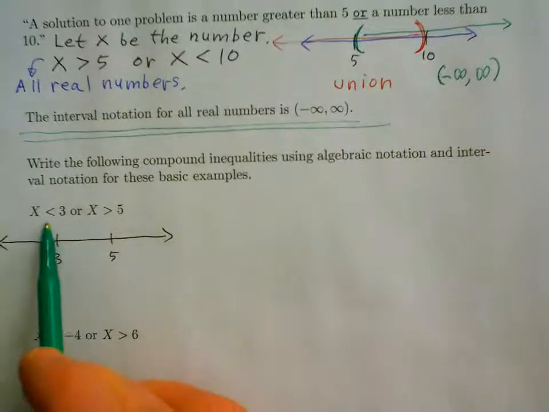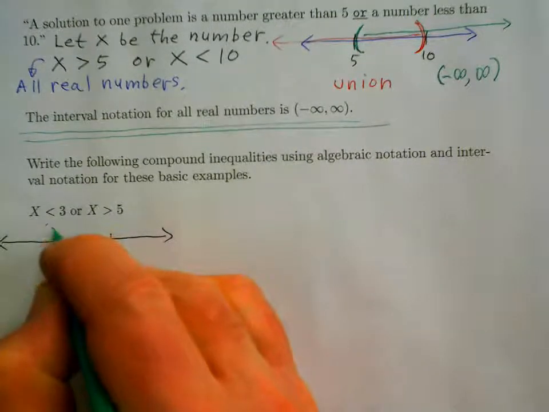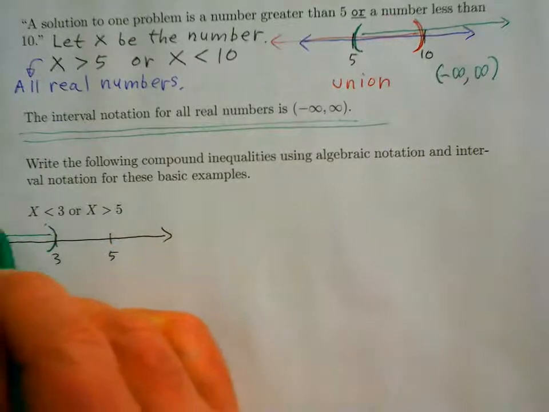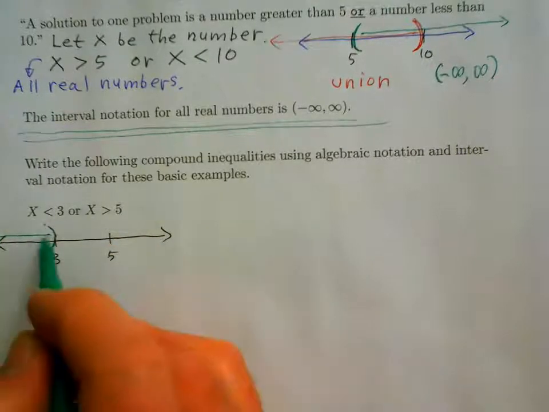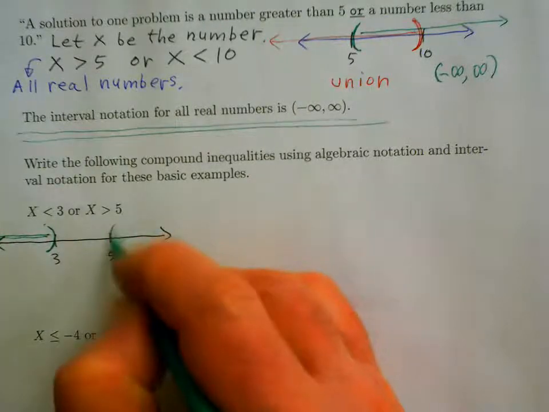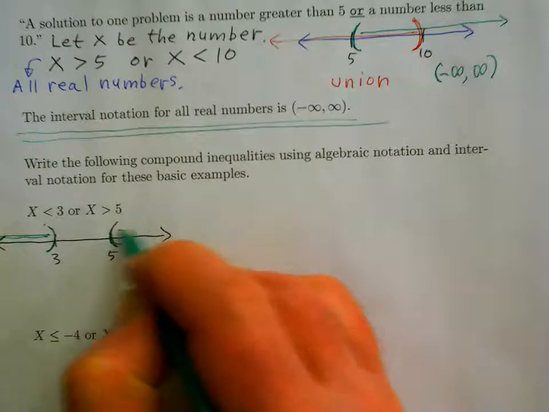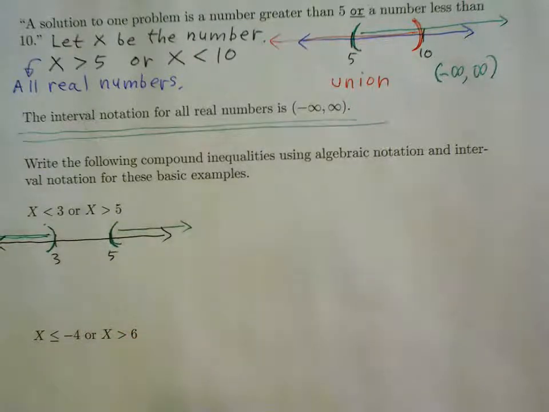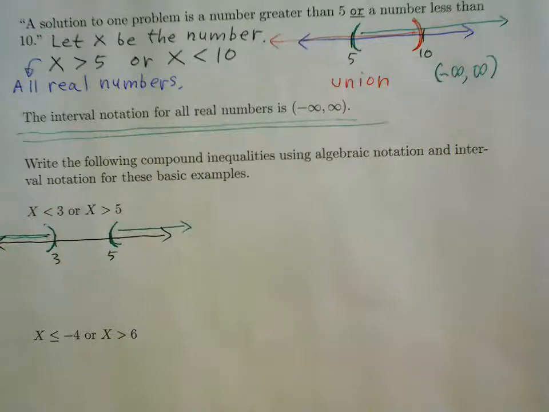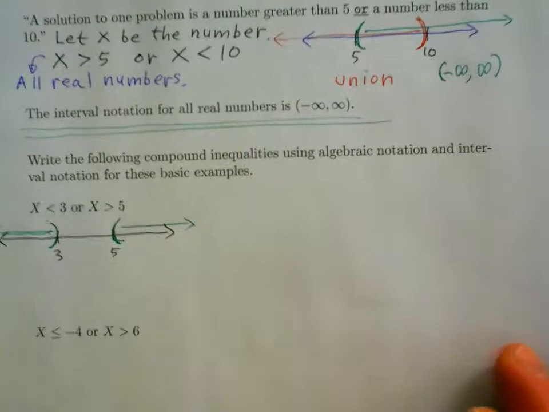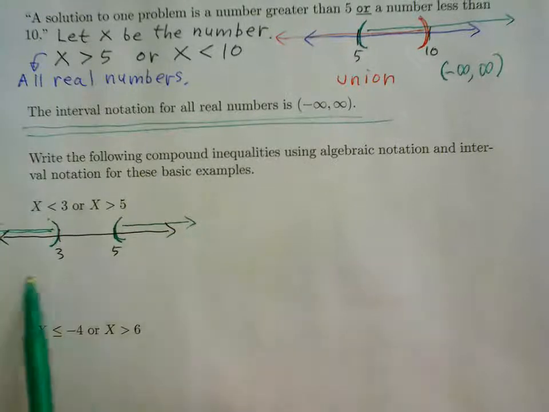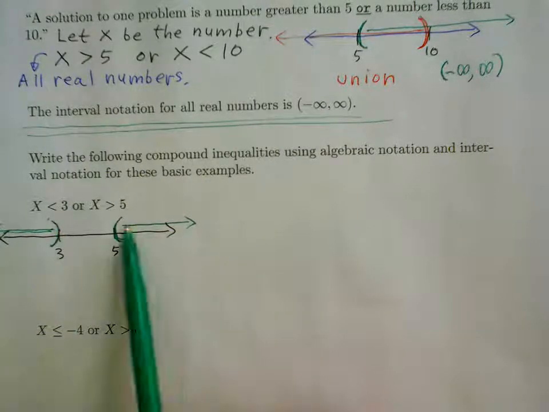If x is less than 3, then on the number line, those are the numbers to the left of 3. The other one, x greater than 5, those are the numbers to the right of 5. And the word in between is "or." So if x is less than 3 or x is greater than 5, this is the graph of that set of numbers.